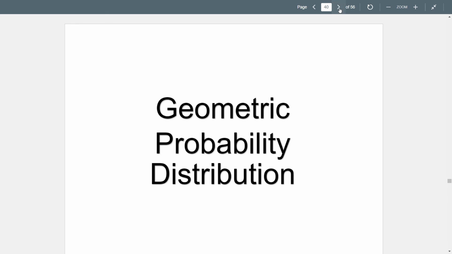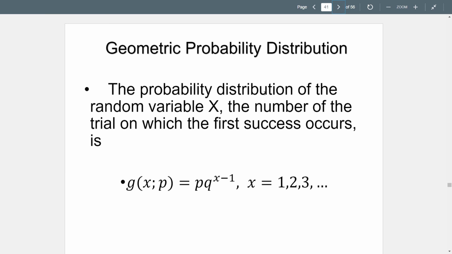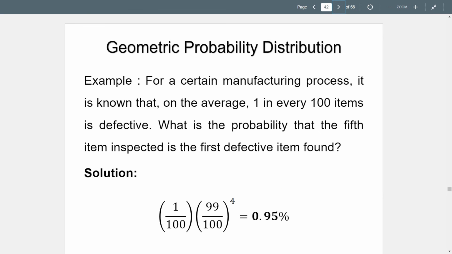Geometric probability. You'll have this formula: probability of success and failure to the power x minus 1, where x are all positive integers. For a certain manufacturing process, it is known that on average 1 in every 100 items is defective. What is the probability that the fifth item is the first defective item found?